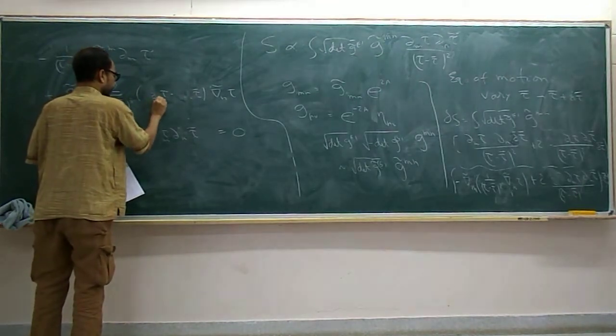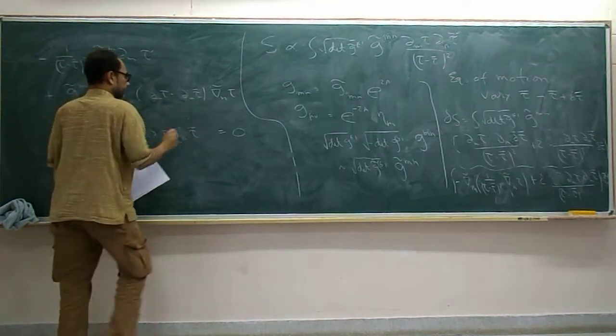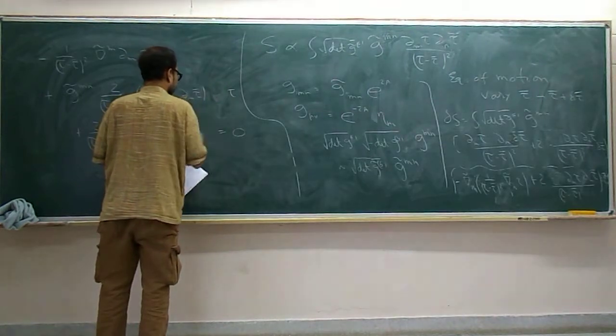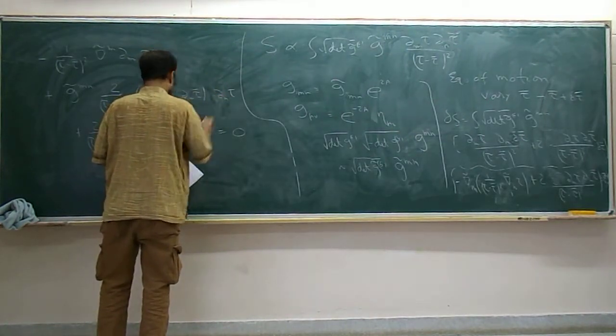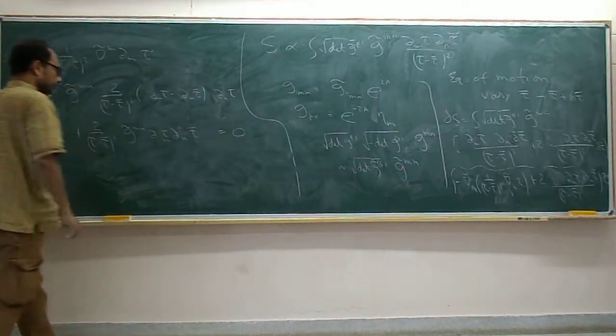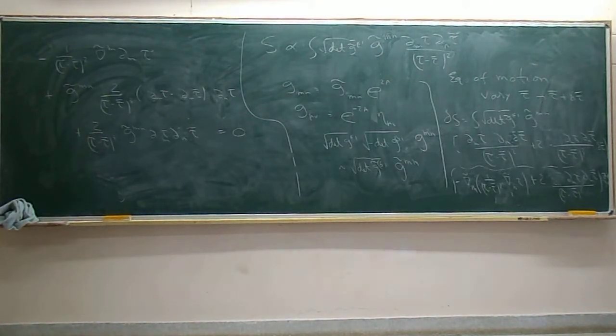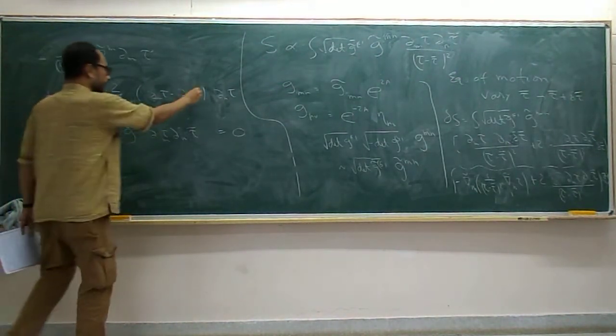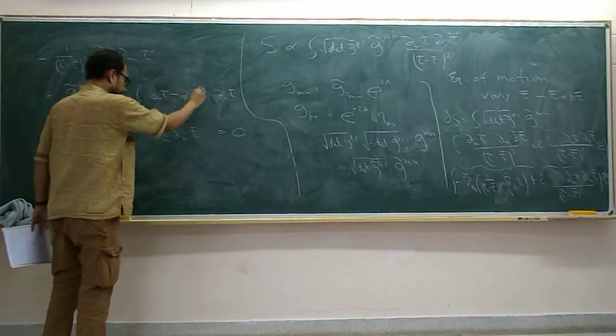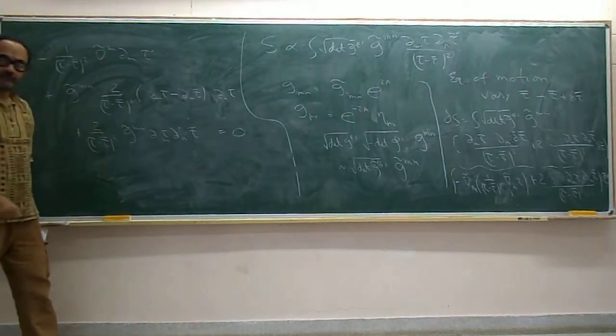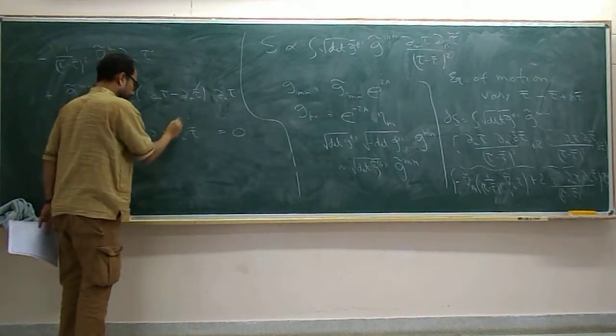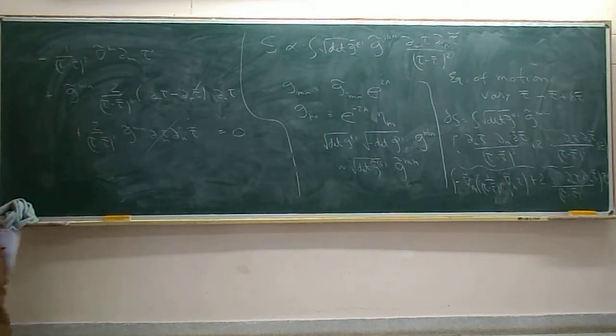So del m. This is there. In any case, now the point is that this term, because of this minus sign, exactly cancels this term. So this term and this term go away.